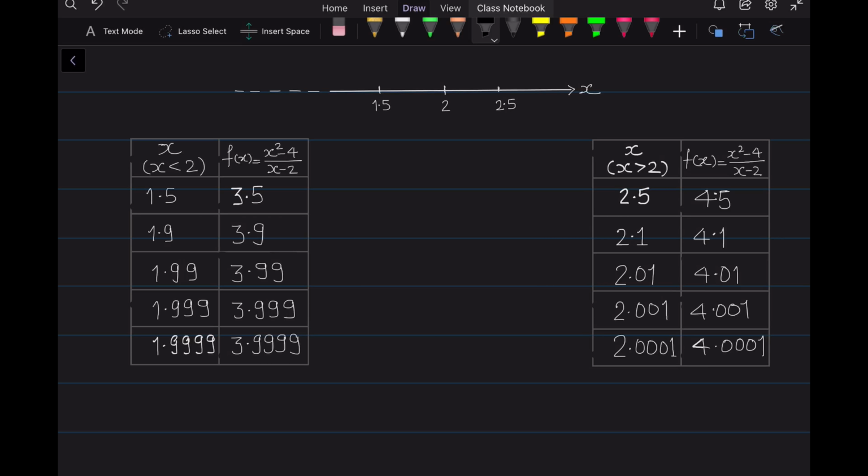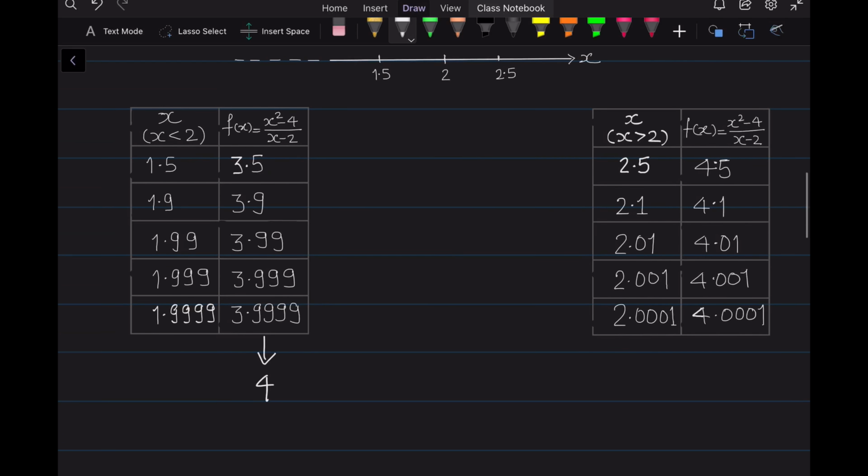So you can see here, as the values of x get closer and closer to 2 from the left side of 2, starting from x is equal to 1.5, the corresponding values of this function, starting from 3.5, get closer and closer to which number? They get closer and closer to the number 4.